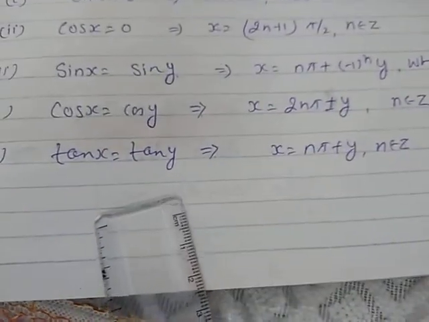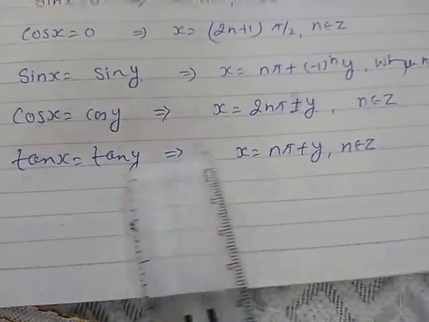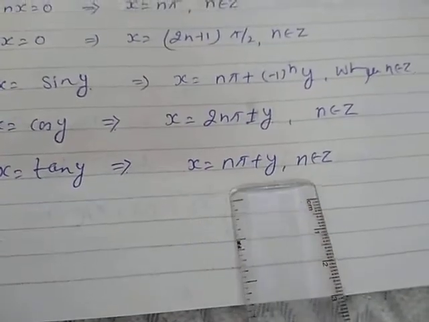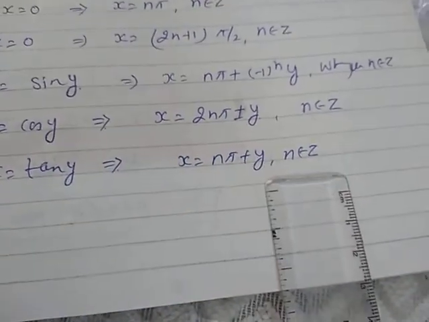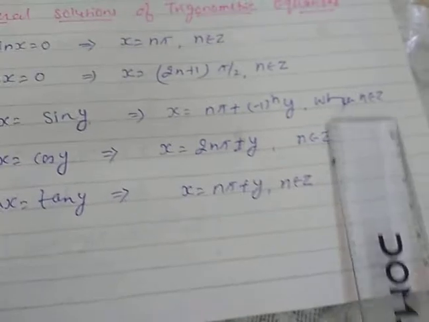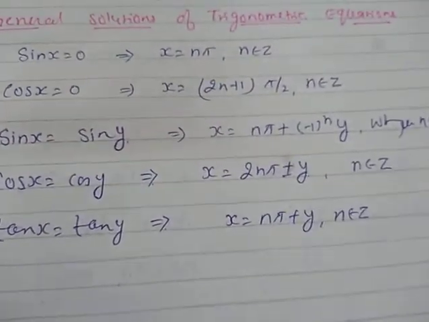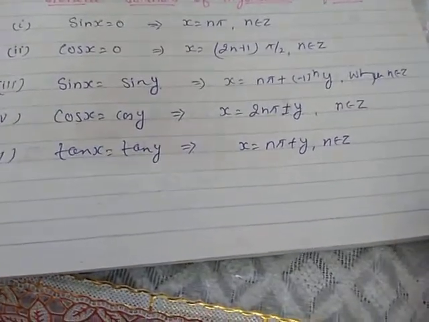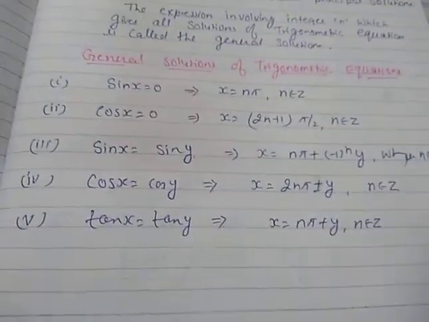And if tan x is equal to tan y, it implies x is equal to n pi plus y, where n belongs to integers. These are the formulas which we are going to use in exercise 3.4 while solving the trigonometric equations.